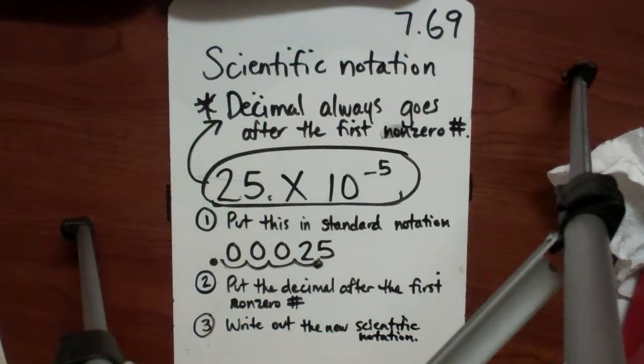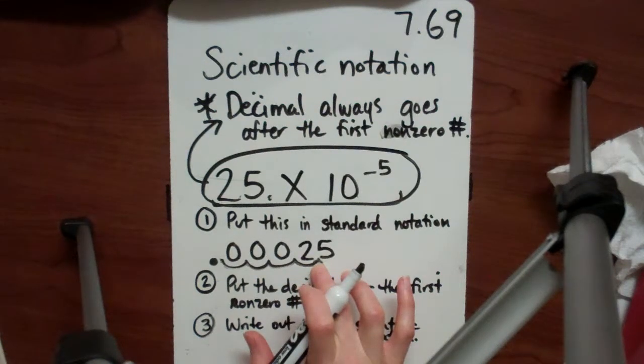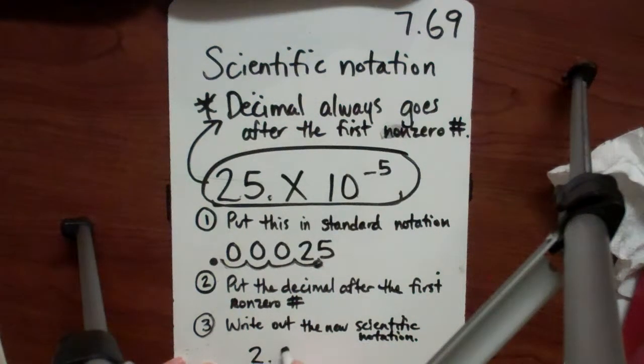Now, we wanted our decimal to be here. So I'm going to put 2.5. And we're putting it in scientific notation, so I'm going to say times 10, and then you're going to count where you want your decimal to be, which is after the first, this is my first non-zero number.